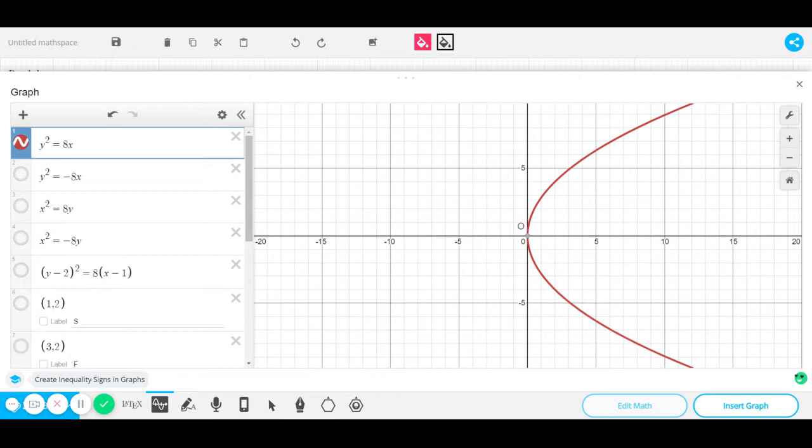the squaring is given to the ordinate y. Now, what if I had given x a negative coefficient? What if the coefficient of x was minus 2p?